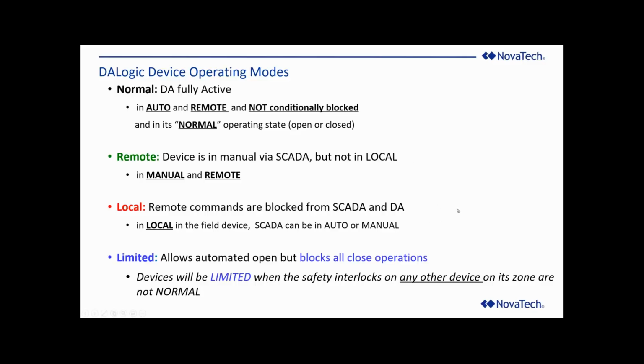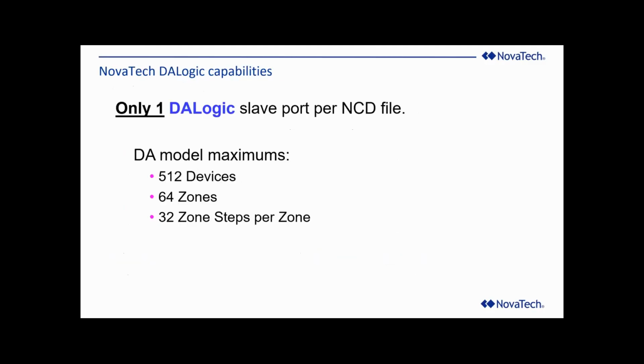So even though a device, let's say a switch, is in fully automated normal mode, if the next recloser down the road is put into local, the DA system recognizes that the next door neighbor is restricted and therefore puts this device into limited mode, which allows it to open to isolate a fault if necessary, but it is not allowed to close in limited mode.